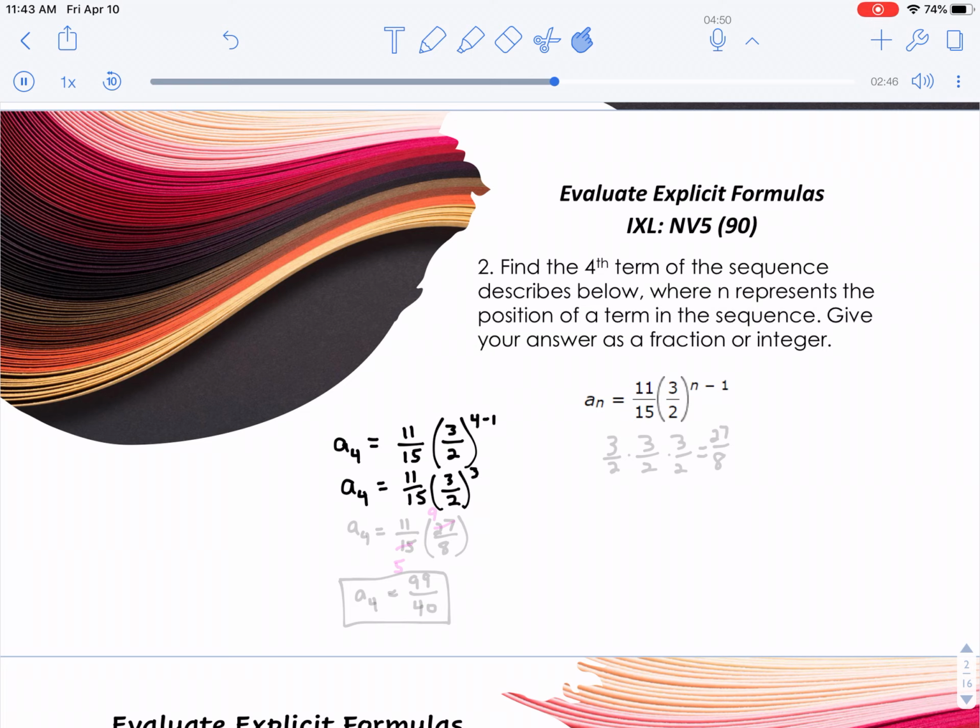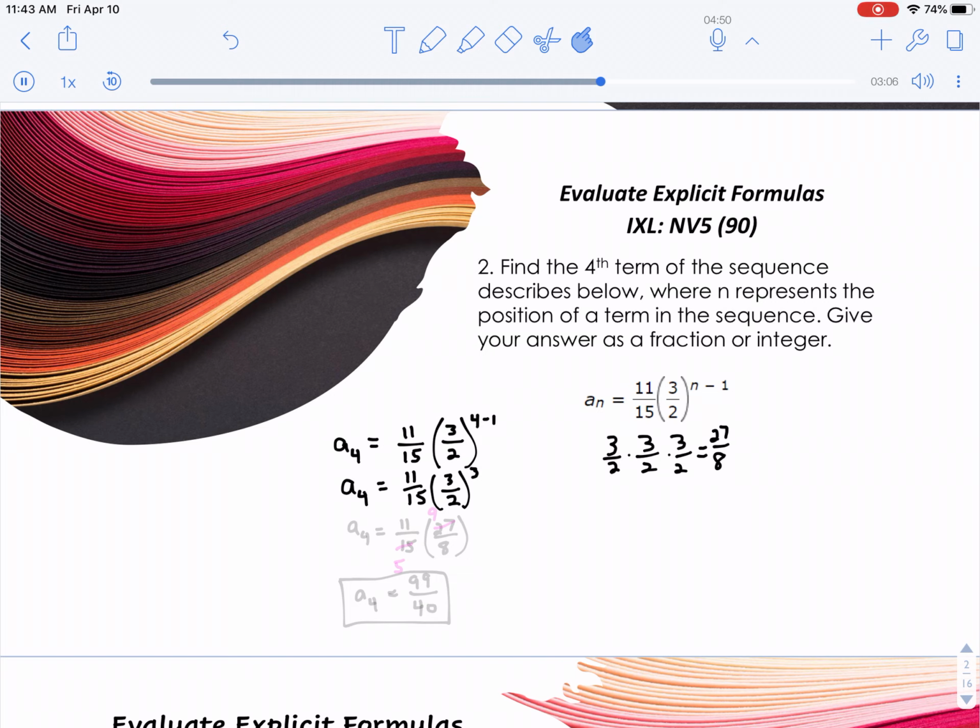All right, let's go over here at the side. We've got 3 over 2 cubed, which means 3 over 2 times 3 over 2 times 3 over 2. In our numerator, we have 3 times 3 times 3, which is 27. In our denominator, we have 2 times 2 times 2, which is 8.